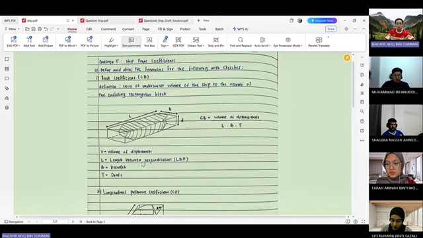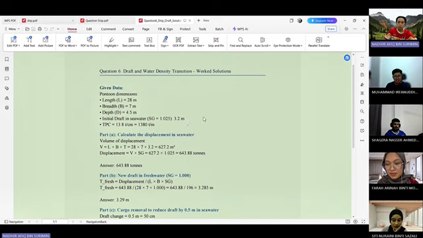Using the formula V equals L times B times T, the answer is 6.2, 7.2 meters. The displacement in seawater is 6388 tons.